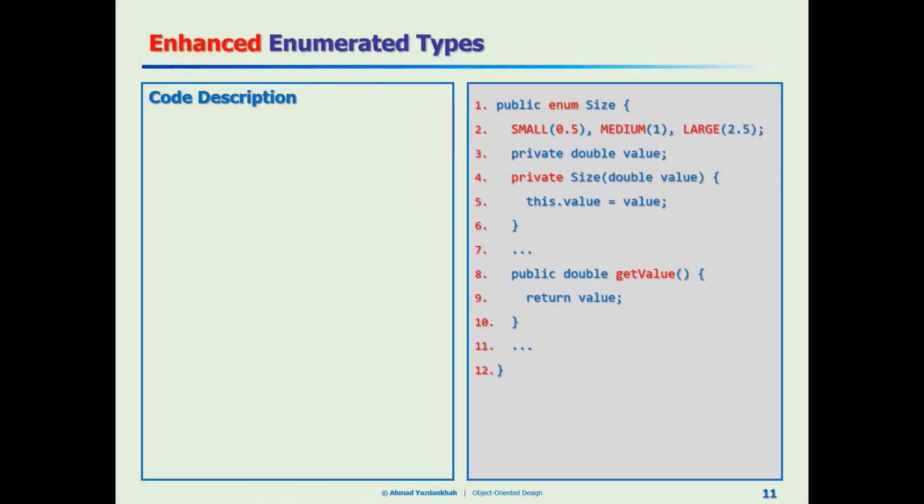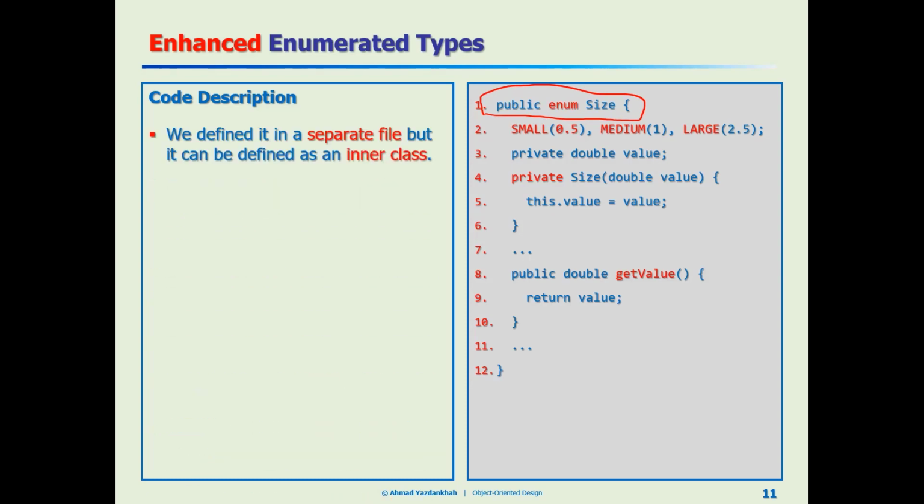Look at this example, right? First of all, I created this independently. I mean, it has its own file. And the second point that you see here, we assign different values instead of giving them natural numbers, let's say 1, 2, 3. I decided to make the small a value of 0.5, 1, and 2.5. You see?